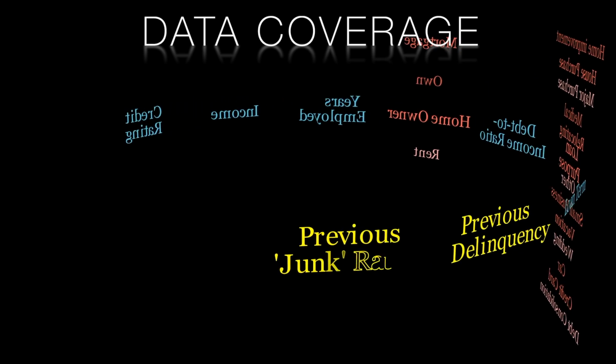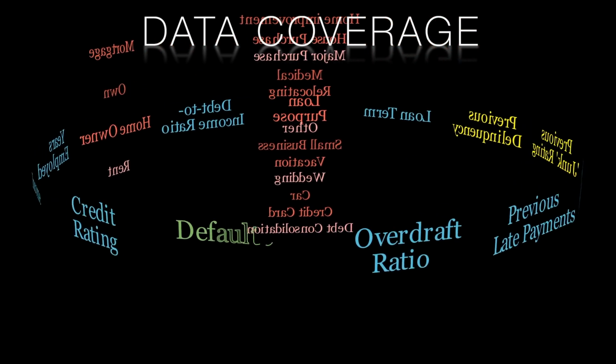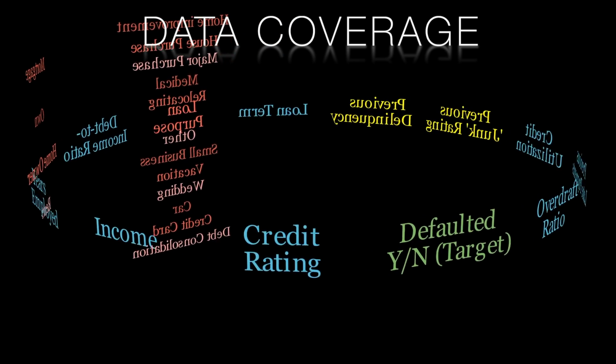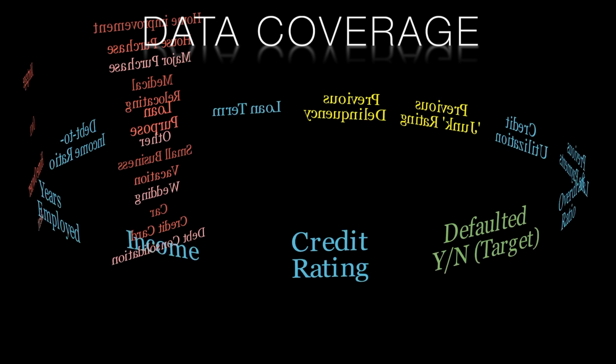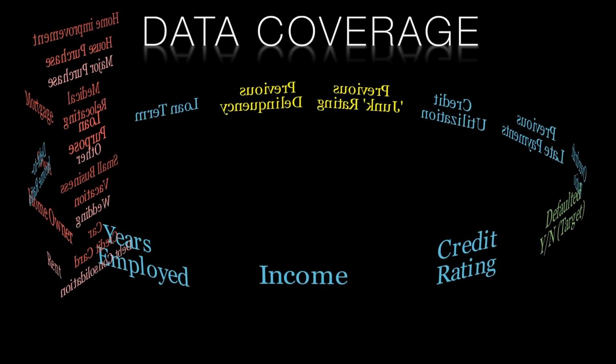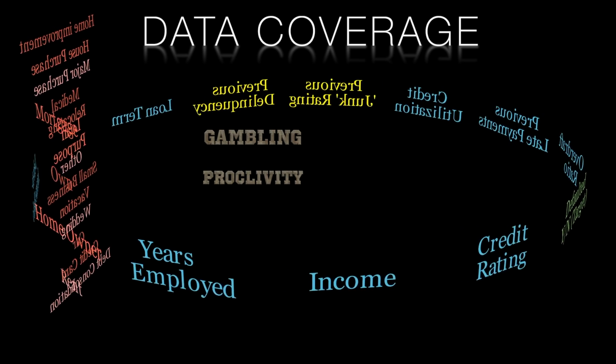But will we ever have sufficient data coverage? Looking at all the input parameters again, we have a large set of parameters, but hardly exhaustive. Factors that we might never be able to legally or ethically capture, think about borrowers' gambling proclivity or drug addiction.